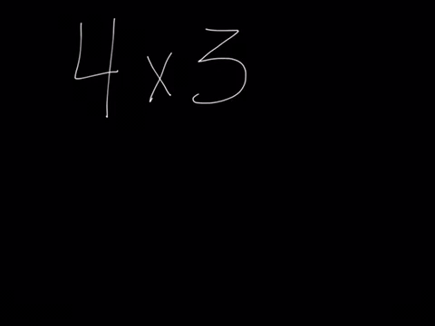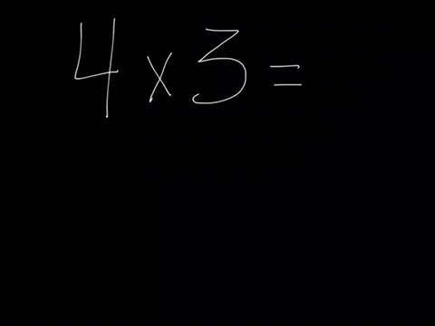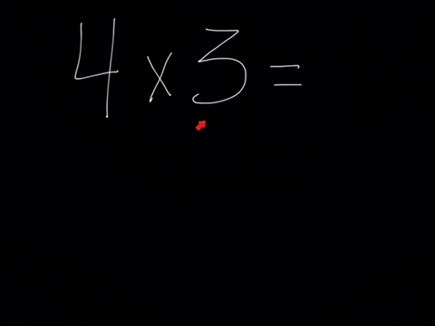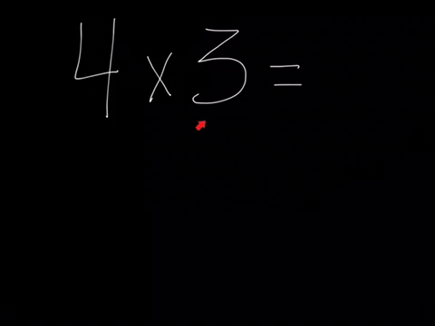Now in our equation, 4 groups of 3, let's try to solve this without drawing a picture. In your head, you might envision that you have 4 circles, and you're going to put 3 tally marks inside each circle, each group.